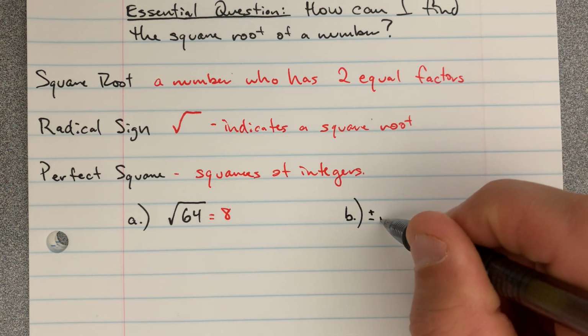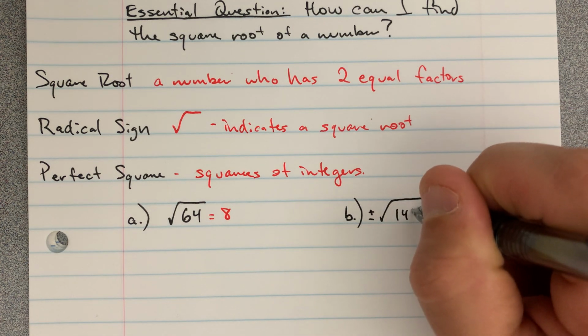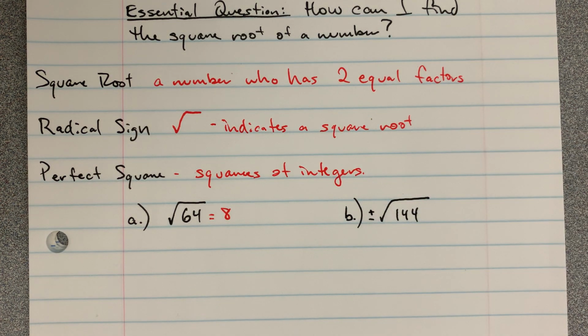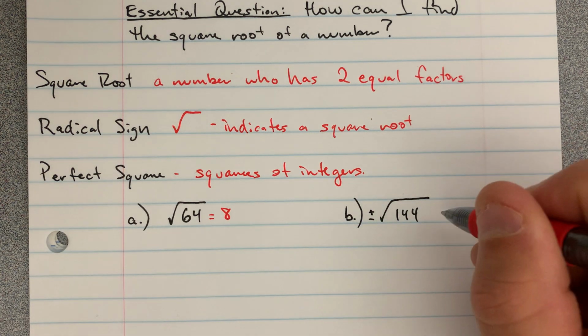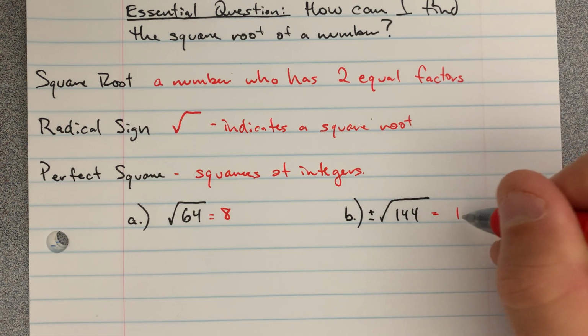Sometimes it looks like this. I'll give you 144. What number multiplied by itself equals 144? Well, hopefully you know that 12 times 12 equals 144.